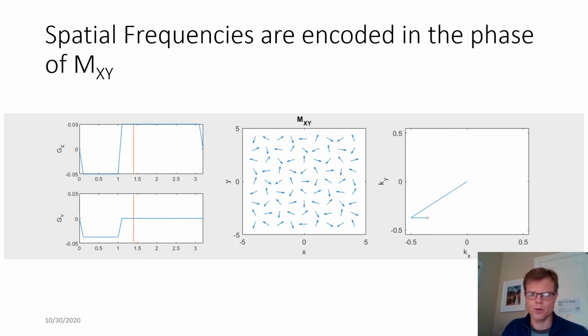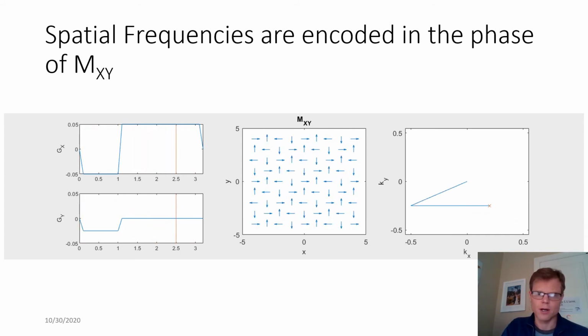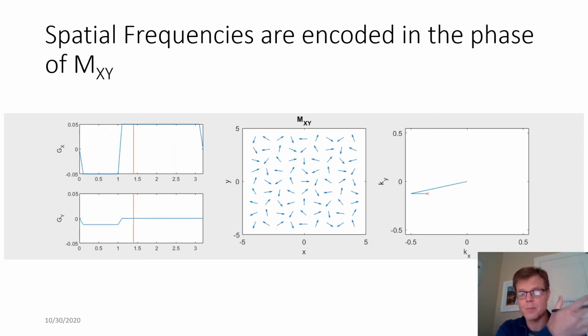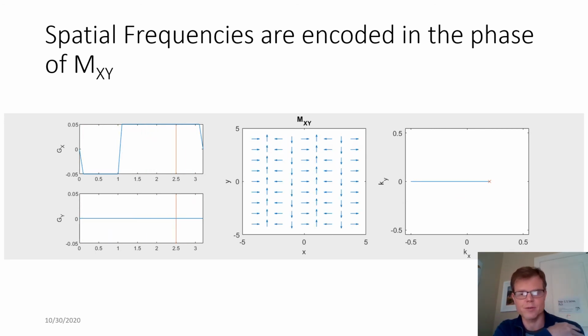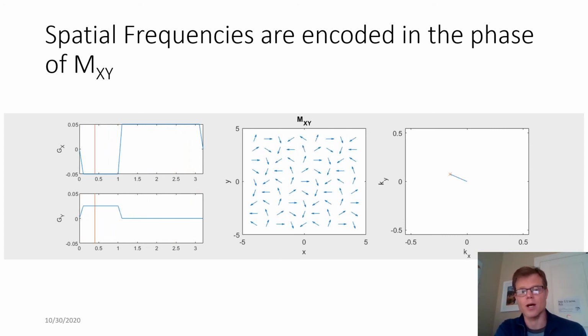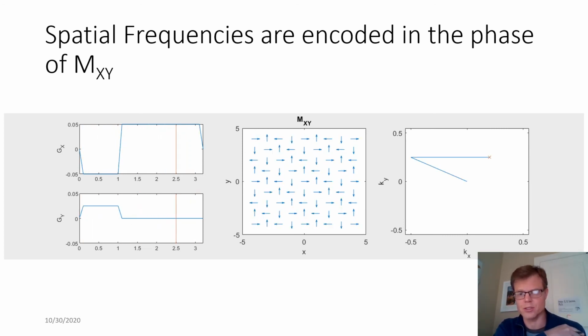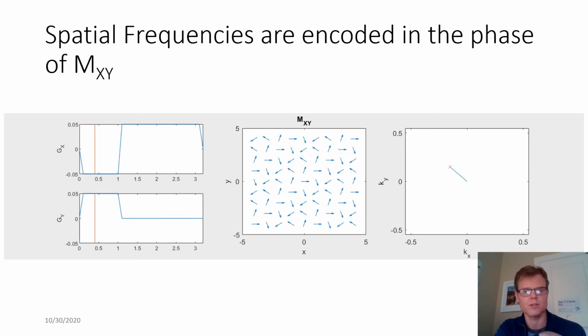I'll let that go through one more time and repeat that again. Our gradients are creating these phase patterns of our net magnetization in different dimensions. And it's basically these phase patterns across our spatial dimensions that define what our K-space location or K-space trajectory is.